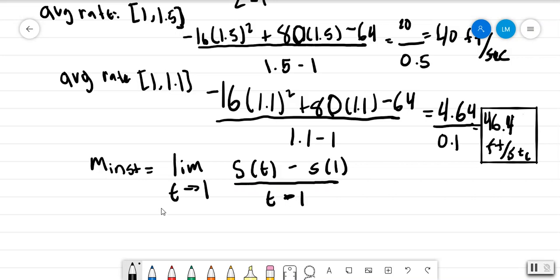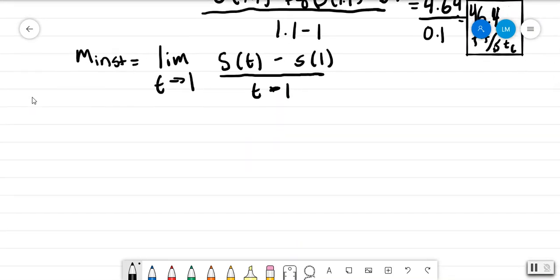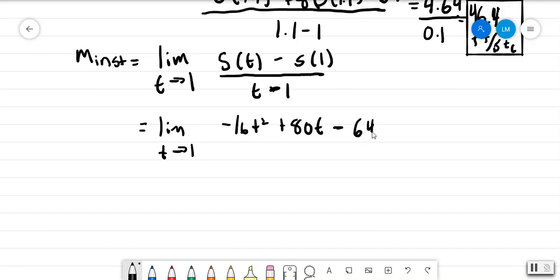Now, if we were to find the limit as t approaches 1, so it's very close, you're going to find that this is going to be negative 16 t squared plus 80t minus 64, all divided by t minus 1.